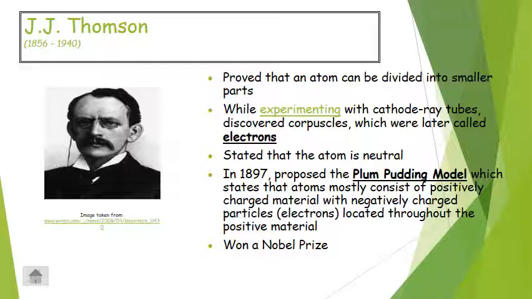So some scientists took the idea of atoms too seriously. One of them was J.J. Thomson. He worked in England, at Cambridge University. What he did is he studied a new particle that was discovered called the electron.